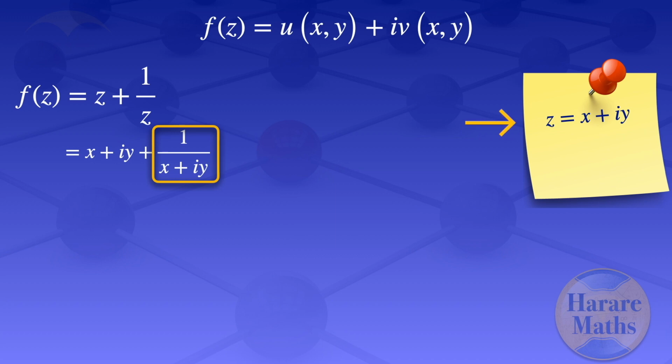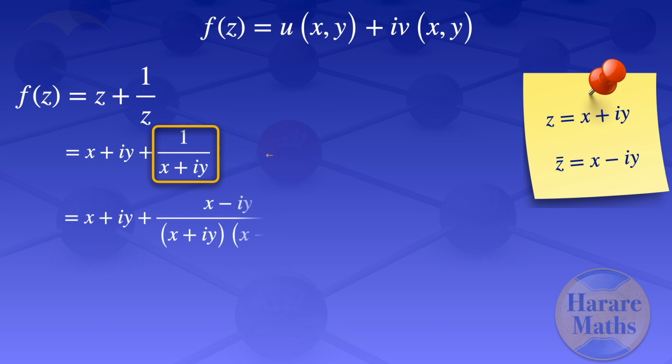The conjugate of z, which we denote by z bar, is x - iy. So when you multiply the numerator and the denominator by that conjugate, you get (x + iy)(x - iy) divided by (x + iy)(x - iy).